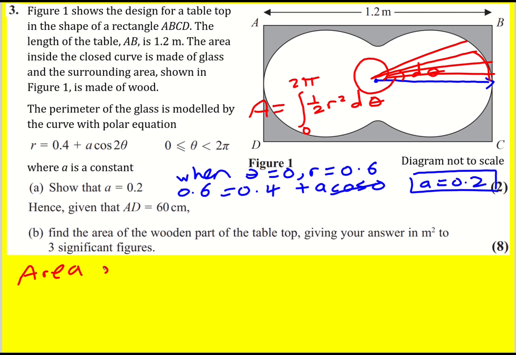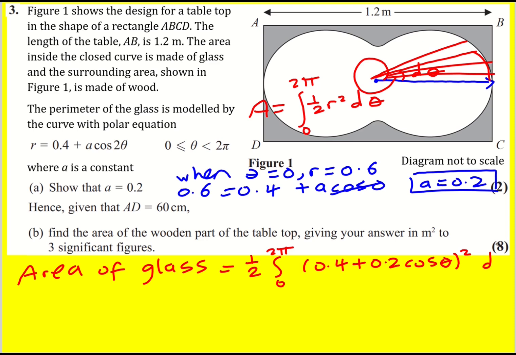So area of glass is going to be equal to, I can bring out the half, integral from 0 to 2 pi, and I'm going to sub in for our r, 0.4 plus 0.2 cos theta, all squared.